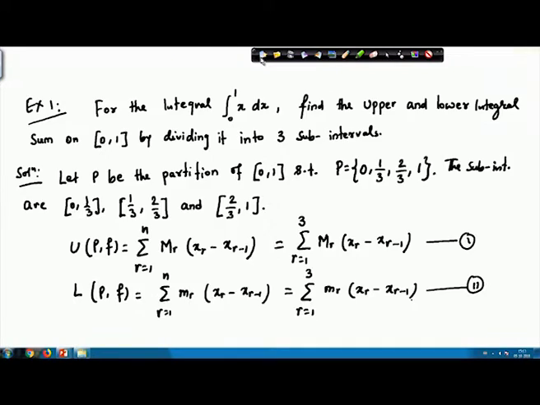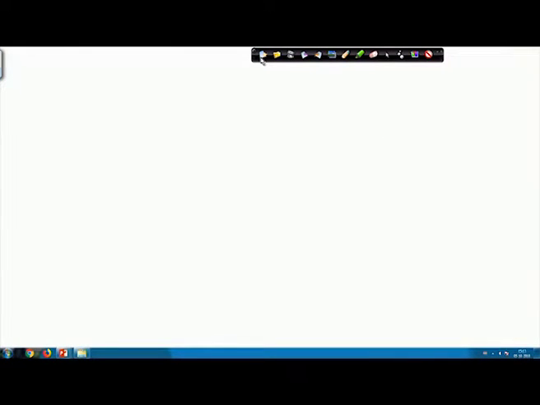Next we have to calculate the upper bound in each one of these subintervals.